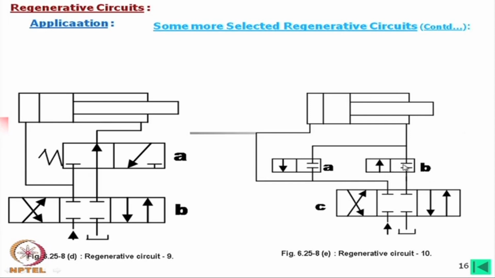let us consider B is closed, A is closed, then no operations obviously. Now, this is I would say this is going like this and this connection is there. So, no operation. Now, if B is open, then oil is going like this and trying to go this side as well as this side, but this it cannot go.